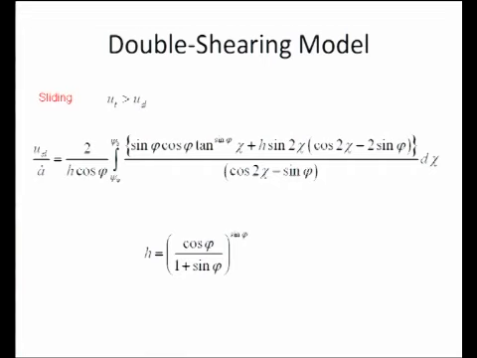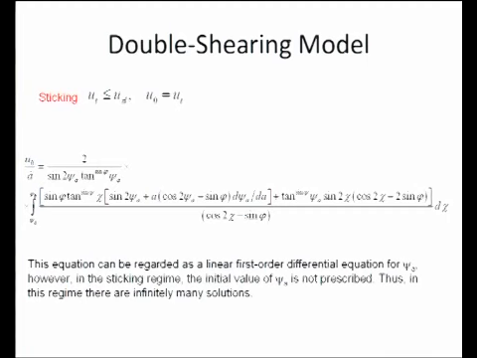In the case of the double shear model, sliding occurs if this condition is satisfied, and the structure of this solution is qualitatively the same as in the case of rigid perfectly plastic material, classical plasticity. However, there is another option here.